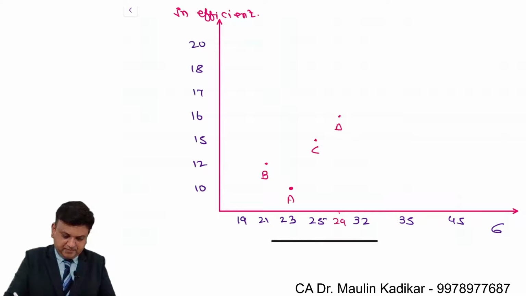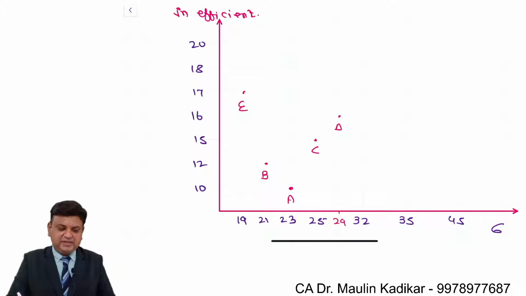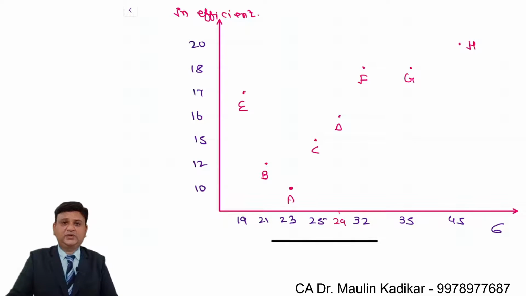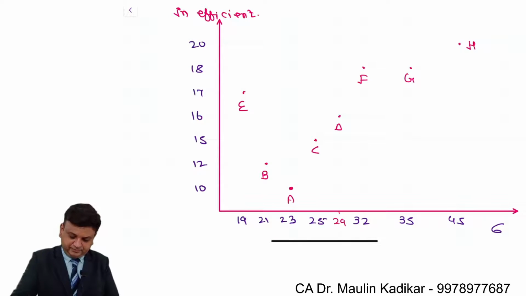Security E has a return of 17 and standard deviation of 19. F has a return of 18 and a risk of 32. G has a return of 18 and standard deviation of 35. H has 20 and 45.